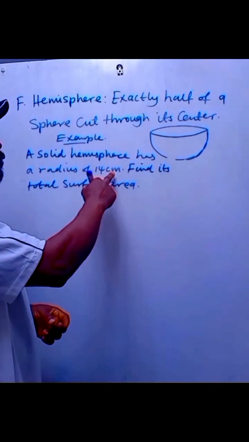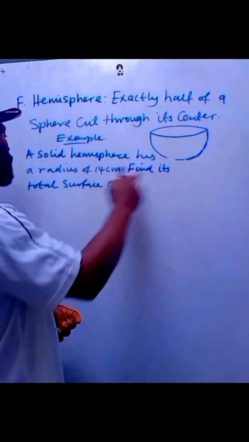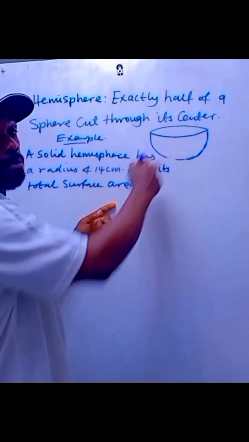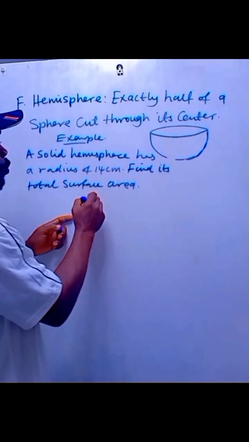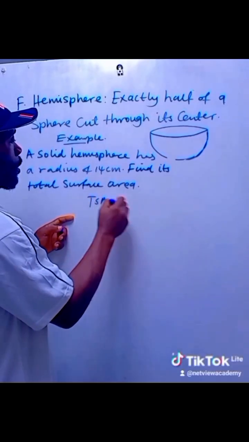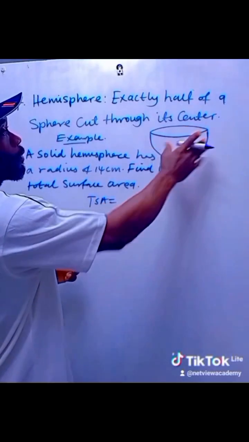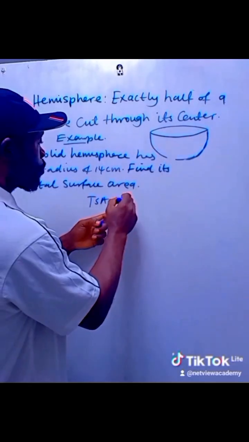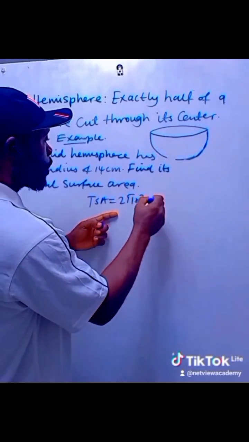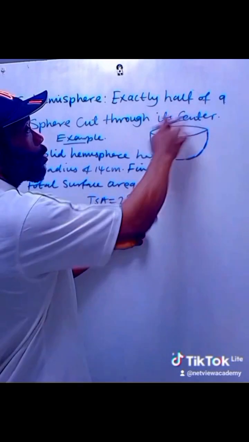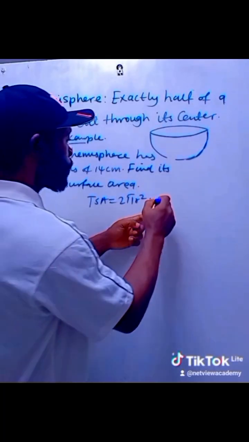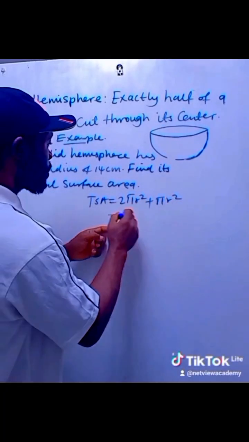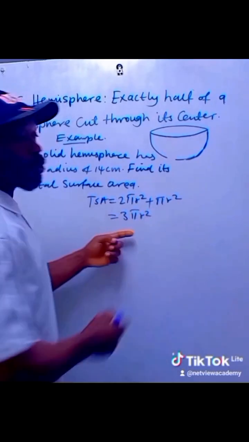It has a radius of 14 centimeters. Find its total surface area. The total surface area of a hemisphere is equal to the curved surface area of the hemisphere, which is equal to 2 pi r squared, plus the area of the circular surface of the hemisphere, which is pi r squared. And this is the same thing as 3 pi r squared.